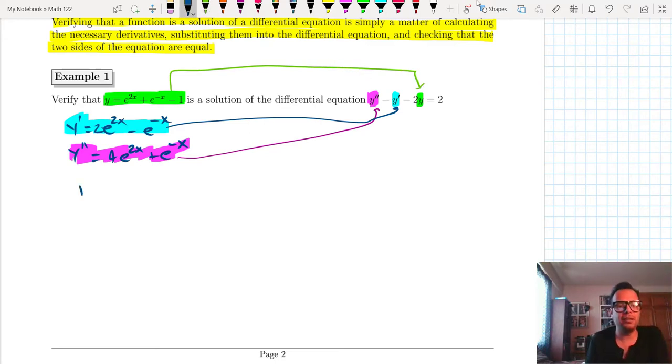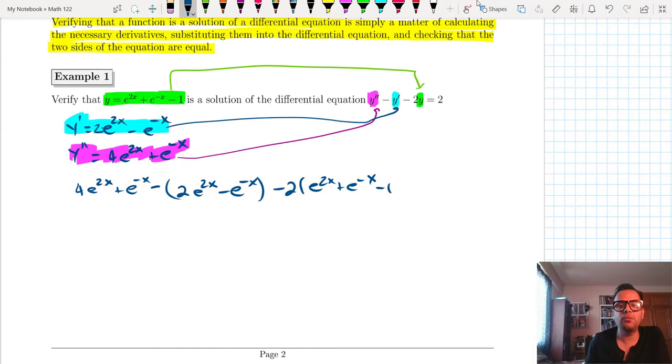So we're going to have 4e to the 2x plus e to the negative x minus, careful with parentheses, (2e to the 2x minus e to the negative x), minus 2 times the original function, (e to the 2x plus e to the negative x minus 1), equals 2.